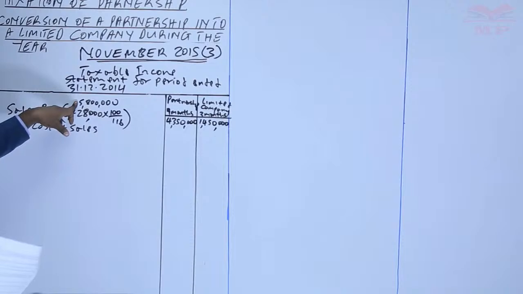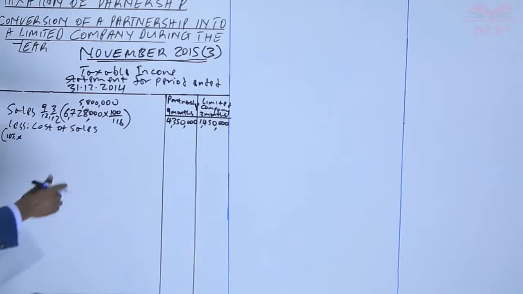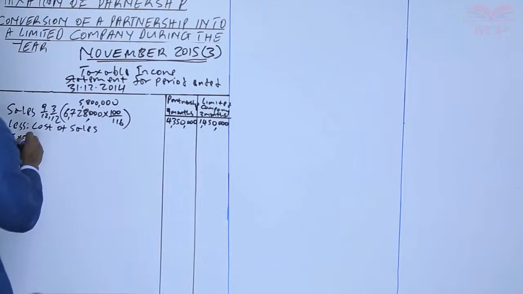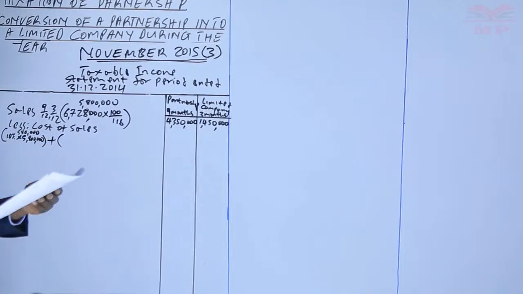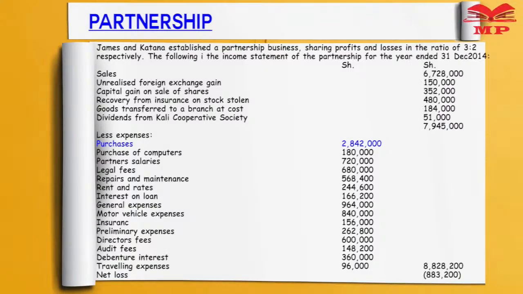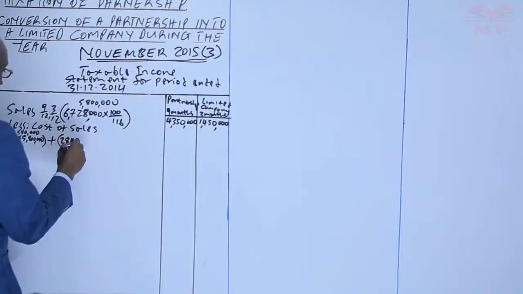The sales that is net of VAT, that does not have the VAT, is 5,800,000. So you take times 10%. That translates to 580,000. And then we add the purchases. The purchases is in the income statement. The first expense actually is 2,842,000. So plus 2,842,000.